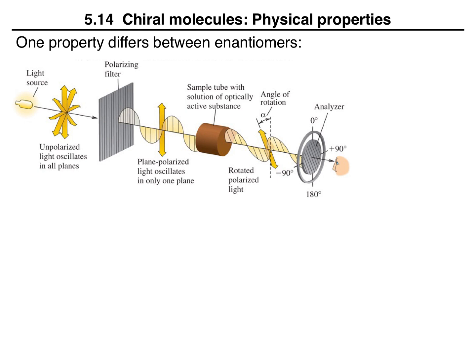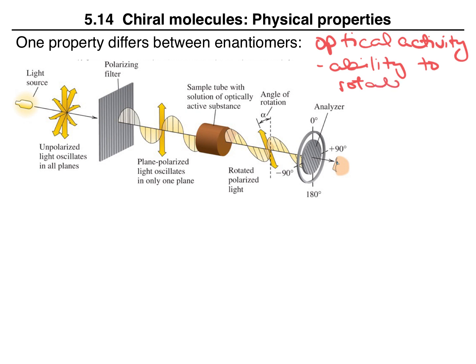One property that differs between enantiomers is called optical activity. This is the ability to rotate plane polarized light.